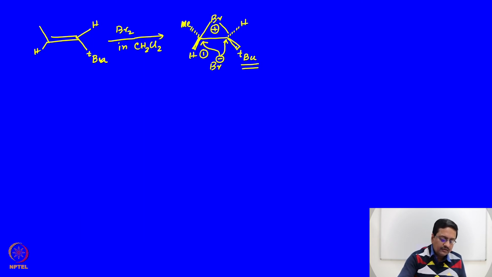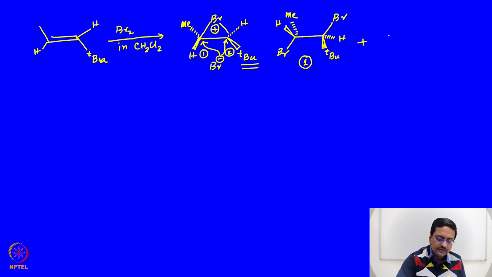So when the Br minus attacks the first carbon, the product that we get is this one. And when the Br minus attacks the second carbon, the product we get is this one.